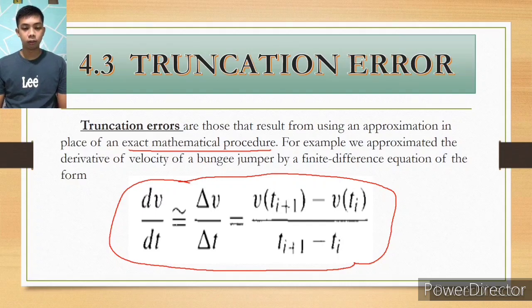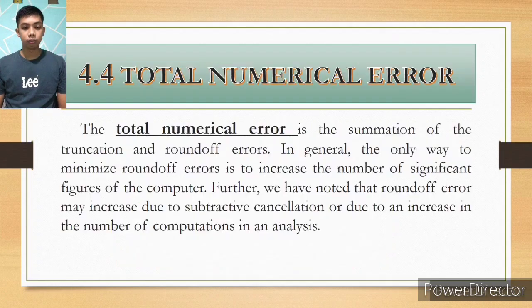So, excuse me, this is the formula for total numerical error. The total numerical error is the summation of the truncation and roundoff errors.